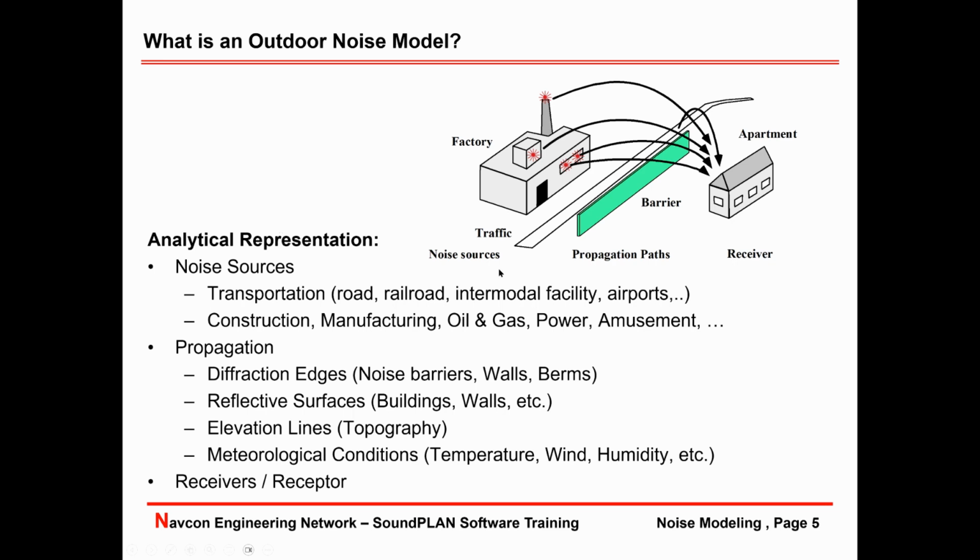So we are basically analytically representing these different objects with noise sources, the propagation in terms of barriers, berms, reflective surfaces, buildings, walls, the topography with elevation lines or elevation points, and meteorological conditions: temperature, humidity, wind, etc. And of course, the receptors could be on a building, could be free field, could be the property line. That is where we will do the prediction.